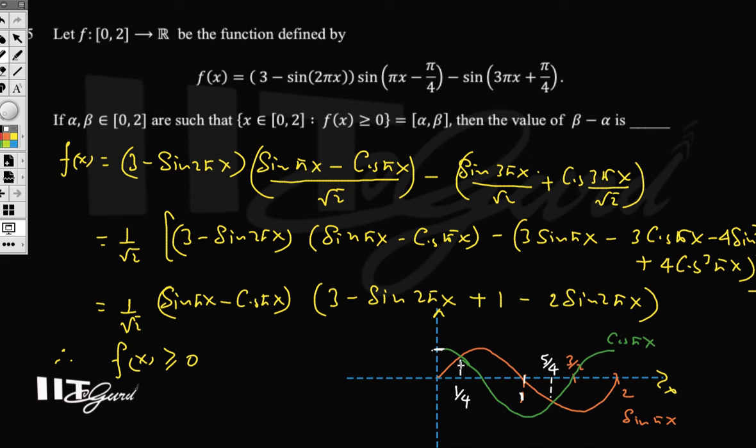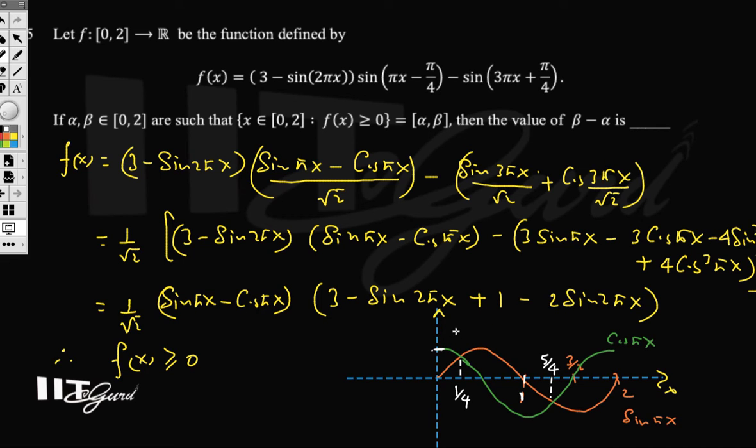So we have to consider the points where the sine graph is this one. Sine will be positive relative to cos x, because this term will be throughout positive, right? As you can see over here, this is throughout positive, 3 plus 1, 4, and minus sine 2 pi x minus 2 minus 3 sine 2 pi x.